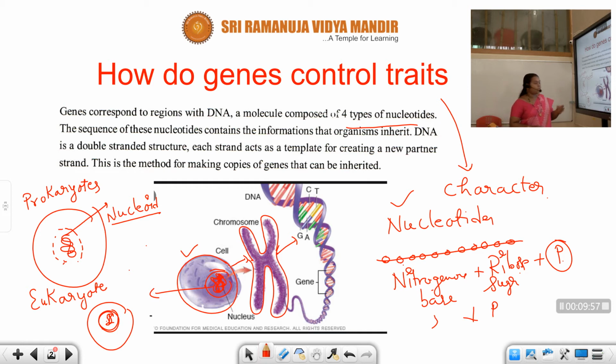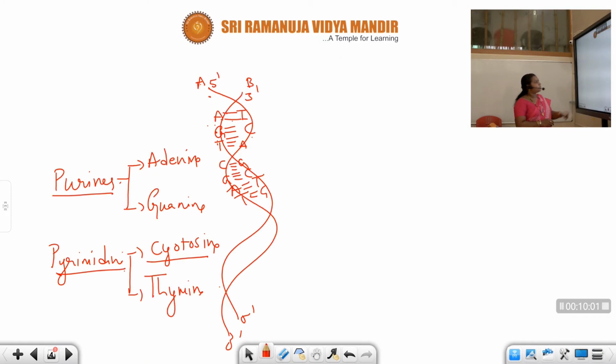See students, this particular arrangement of nucleotides has the information regarding a trait or character. For example, my hair color is black. That particular character is present in the form of nucleotides on the genetic material. Not only color, height, about everything.